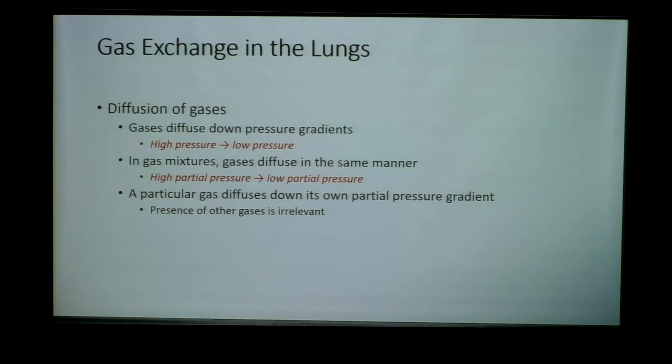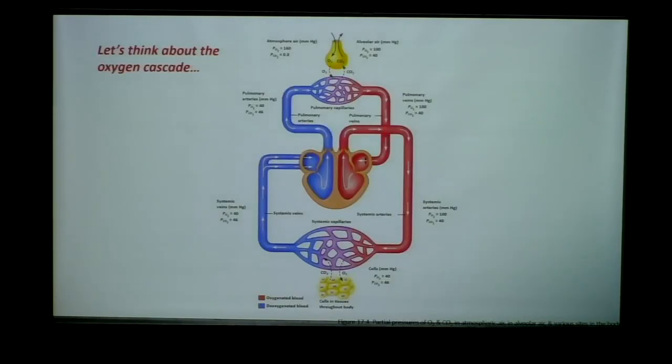And that is why we can facilitate oxygen moving in one direction and CO2 moving in the opposite direction, because they're both moving along independent gradients in one direction or the other. Okay, so what we're seeing here is called the oxygen cascade. And this is looking at how the partial pressure changes for oxygen and CO2. And so we'll look at it in this way, and then we'll illustrate it in a different way where hopefully it's a little bit clearer.